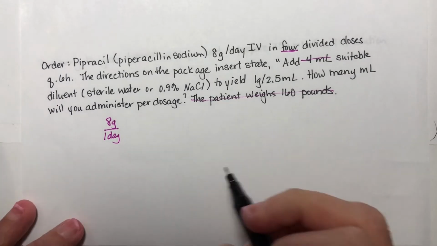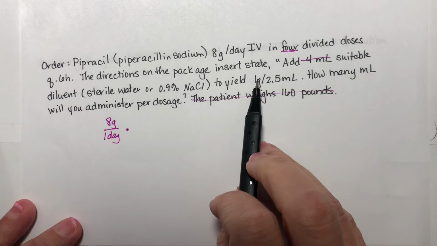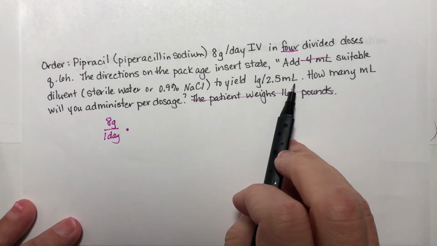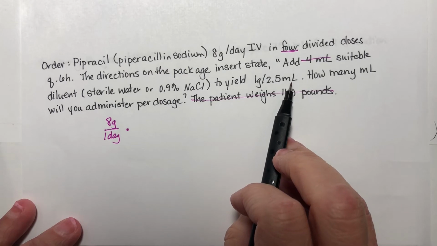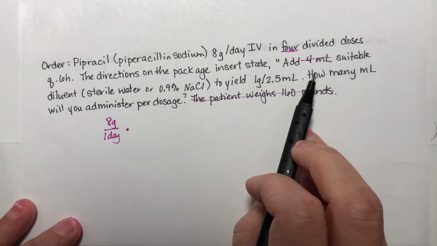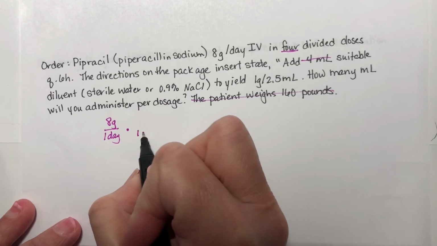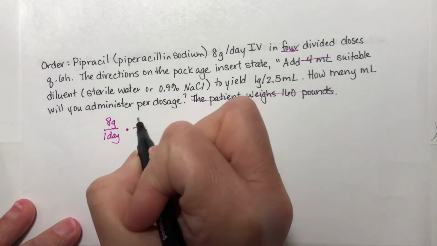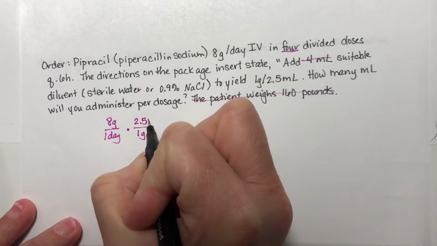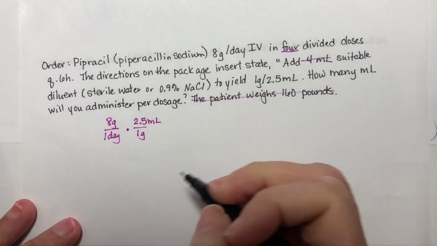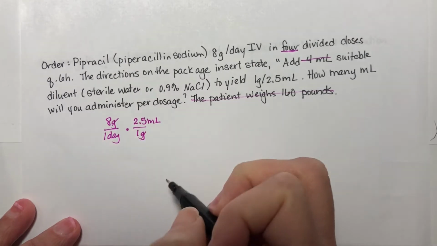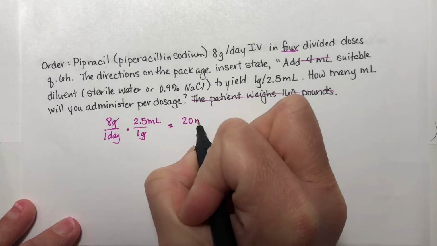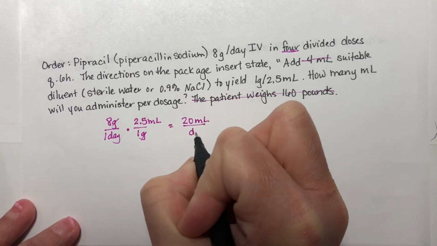Okay? Then I want my strength to be, it's going to yield 1 gram for every 2.5 milliliters. I'm looking to find out how many milliliters I'm going to be administering per day. That's where we are right now. So I'm going to put the 1 gram in the bottom, so it cancels out the gram here, and then 2.5 milliliters up here. Well, the grams cancel out. Do the multiplication, and you get 20 milliliters per day.